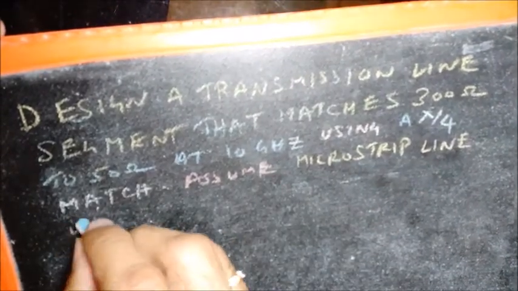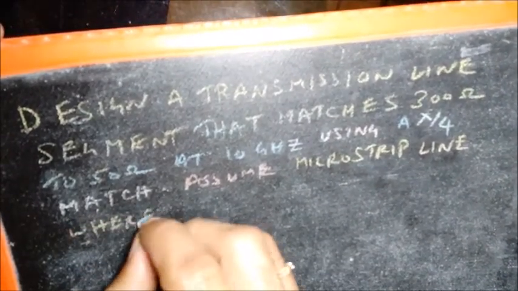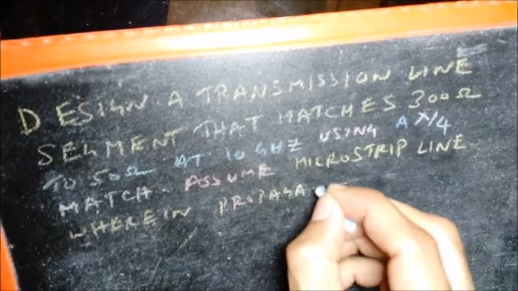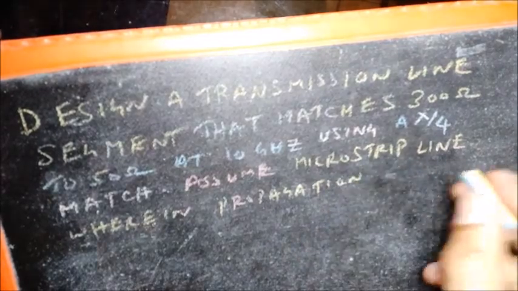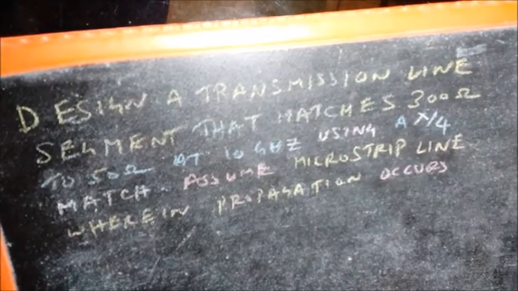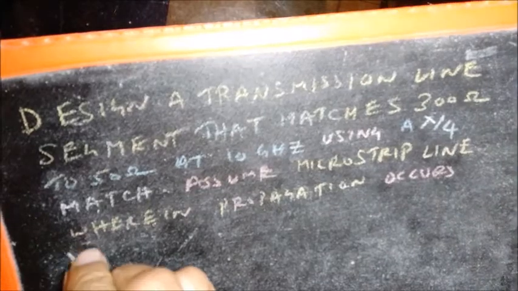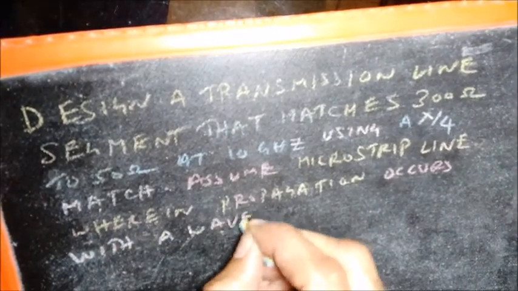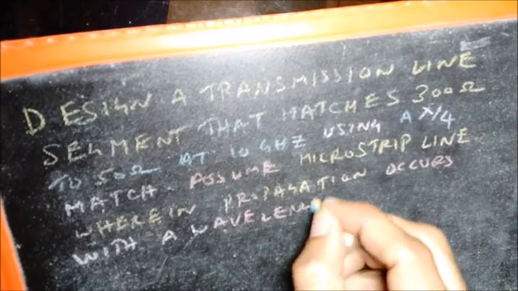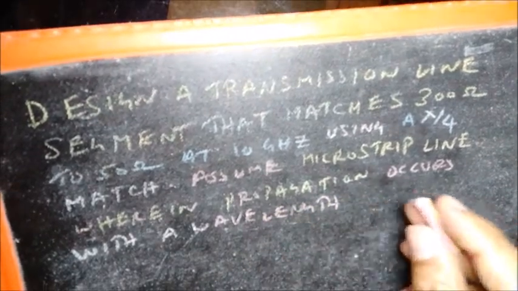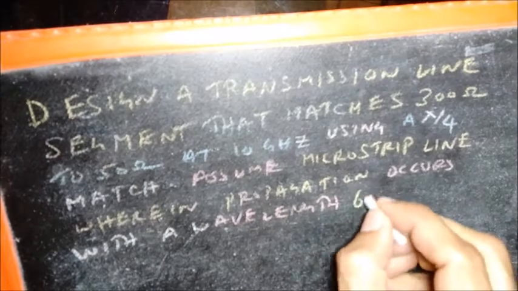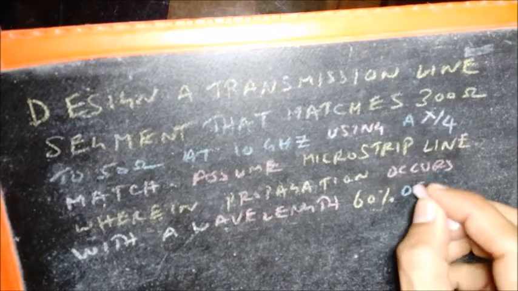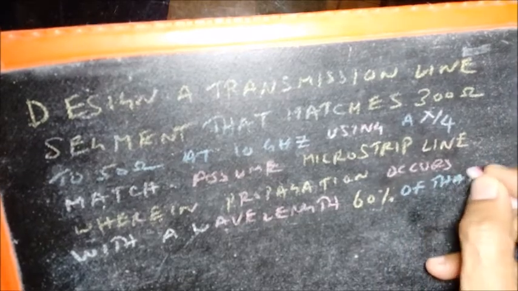wherein propagation occurs with a wavelength 60% of that in free space.